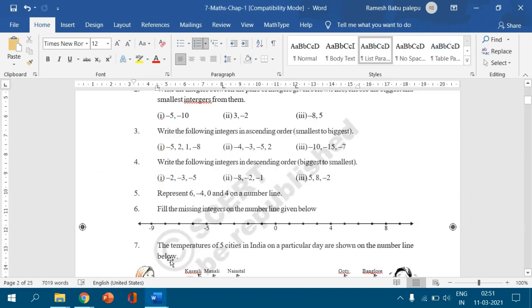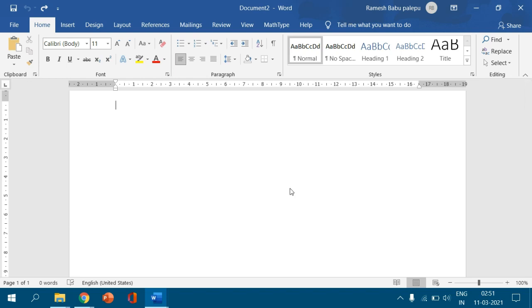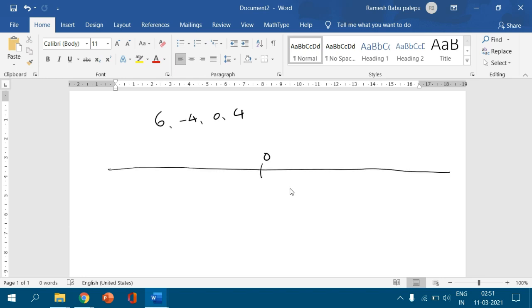The next one is: represent 6, minus 4, 0, 4 on a number line. Okay friends, let us consider this is the number line and this is the neutral point, so we already represent 0.